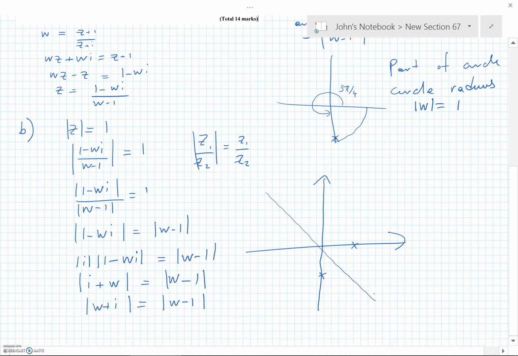So it's a bit unfortunate, it's not gone through the centre, but never mind. Try better next time. There we go. So basically, the actual equation of that is v is equal to minus u, or u equals minus v.